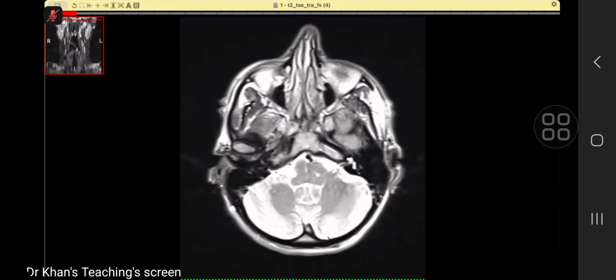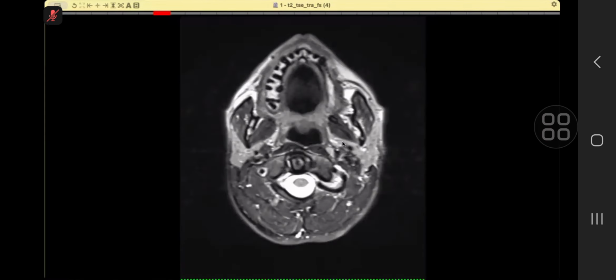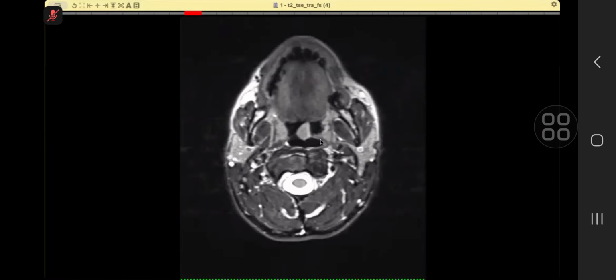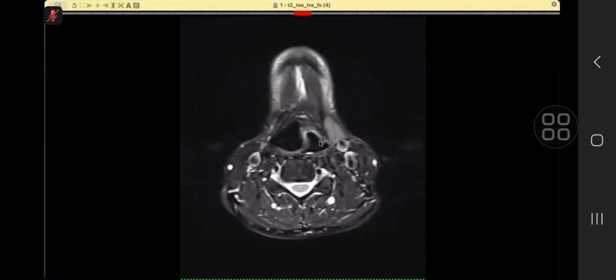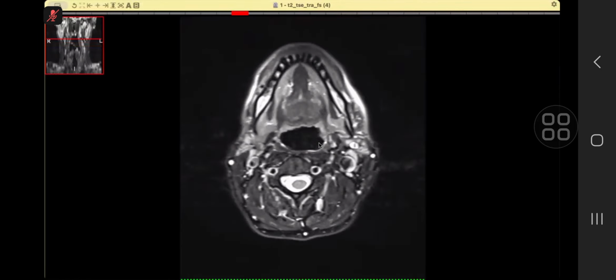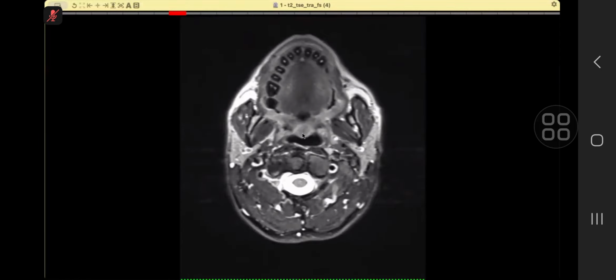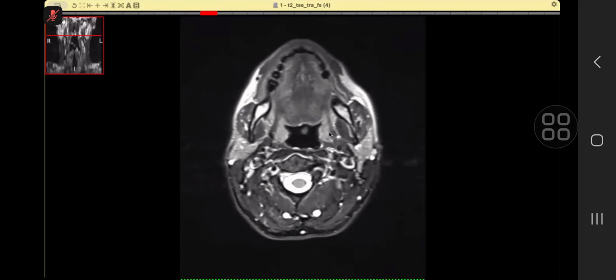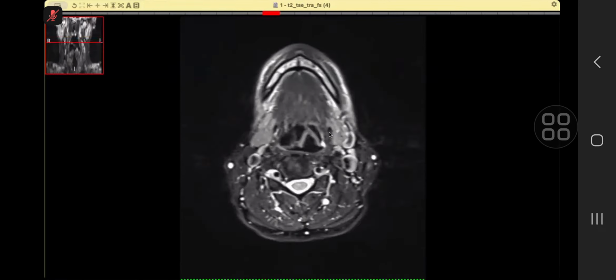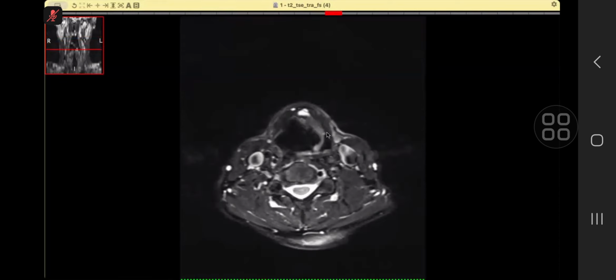So these are T2 weighted axial MRI images of the neck. I can appreciate that in a patient having swelling in the neck region, there is a mixed intensity, predominantly hyperintense region in relation to the posterior aspect of the tongue. I'm going down and I'm looking for the thyroid gland.